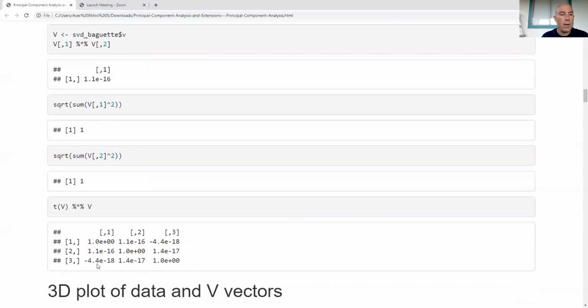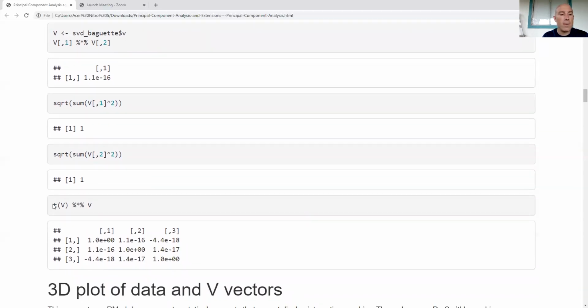Now, if I take an orthonormal matrix, transpose it, and multiply by itself, I get the identity matrix. You'll see that I have 1, 1, and 1 on the diagonal, and everything else is zero or within machine accuracy of 0.